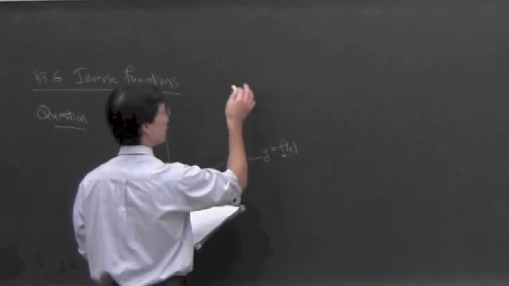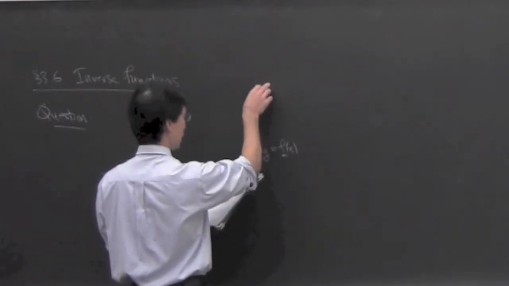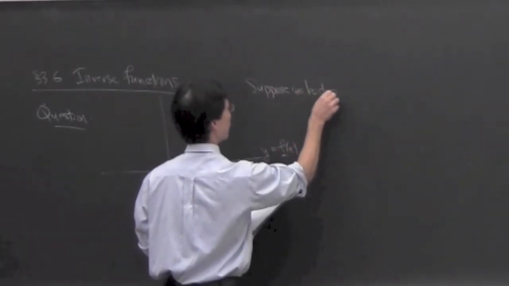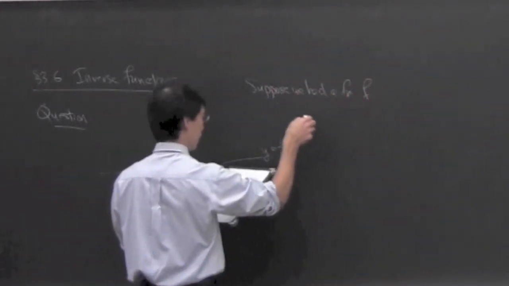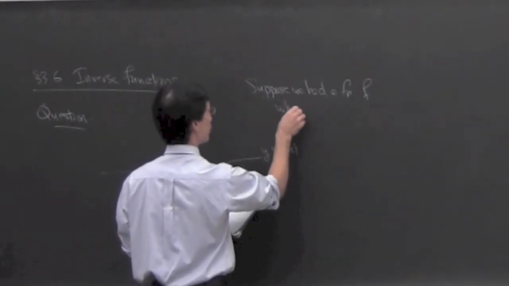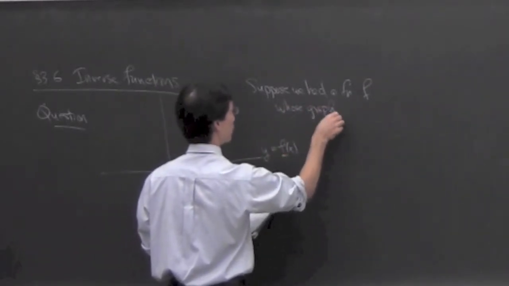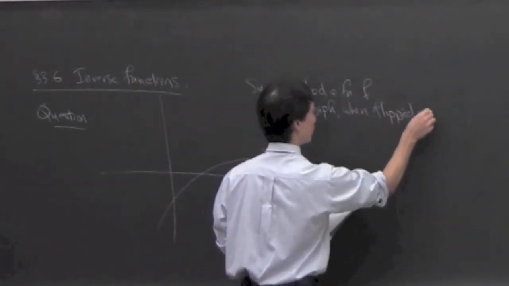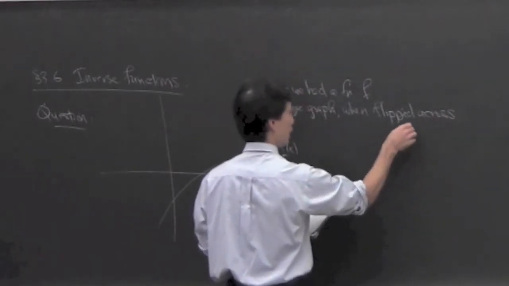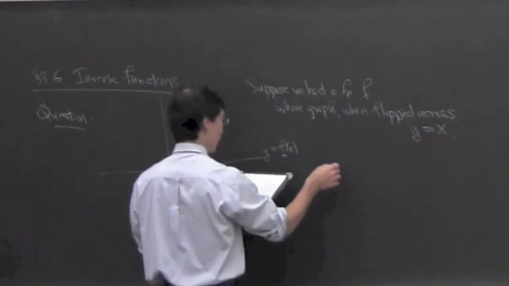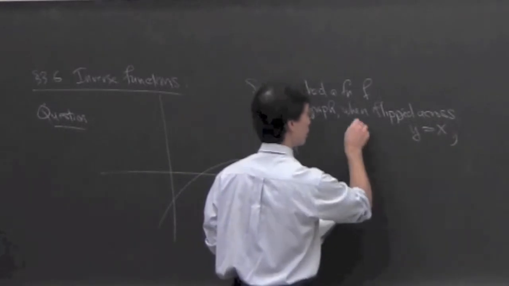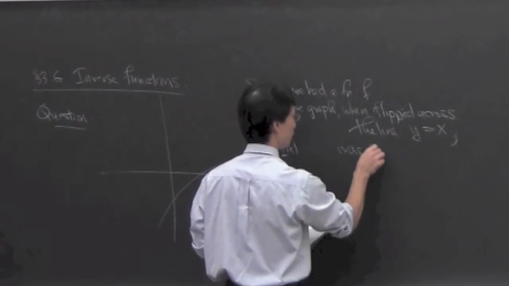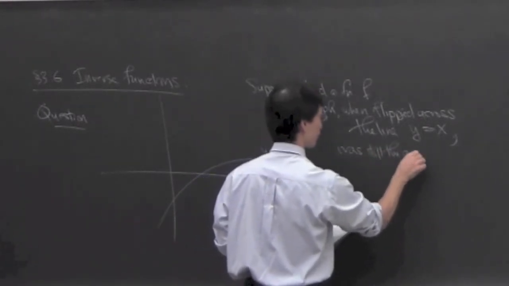Suppose we have a function f whose graph, when flipped across the line y equals x, was still a graph of a function.